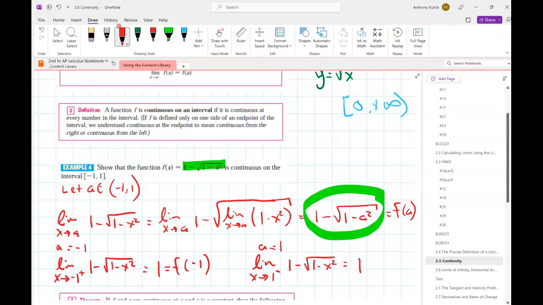Still 1, which is still just f of 1. Now we're done. So we showed continuity in between the endpoints, and we looked at the continuity at each endpoint. That covered the entire closed interval.